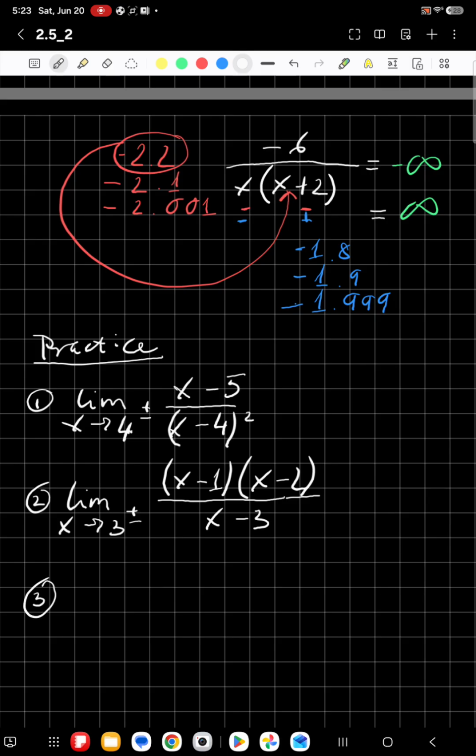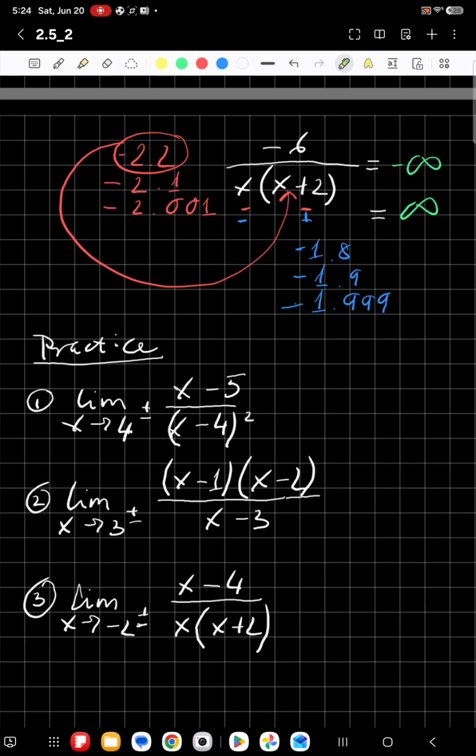And the last one: limit as x approaches negative 2, again plus and minus, so do both from the left and right, and then x minus 4 on the top, and x plus 2 on the bottom.